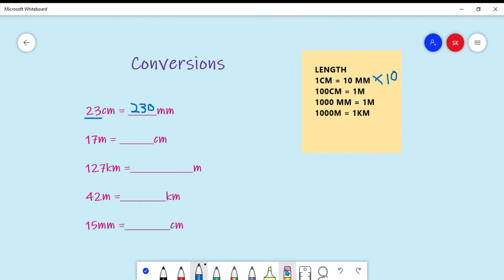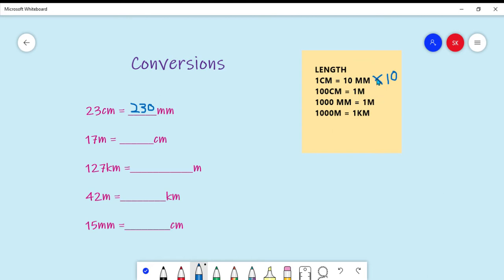And now moving on to the next question, we have 17 meters is equal to how many centimeters? Here we have 100 centimeters is to 1 meter, so 1 meter will equal 100 centimeters. So replace that 1 meter by 17 meters.